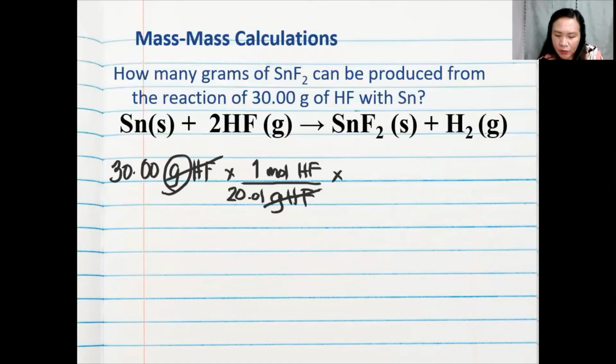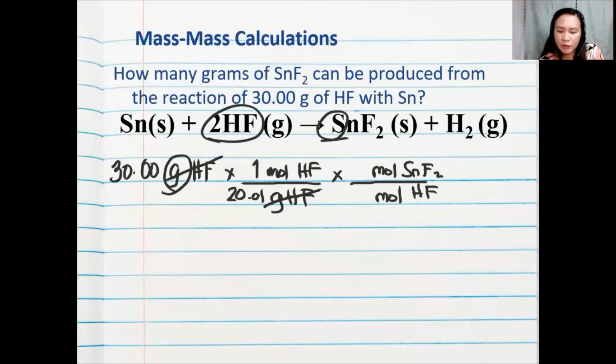So we put now their mole ratio. Again, since HF is above, we put HF below. And we are looking for the moles of SnF2, so we put it above. Now, for SnF2, we only have 1, and then for HF, we have 2. So we put 2 moles of HF, 1 mole of SnF2, so that this mole of HF will cancel with the mole of HF.